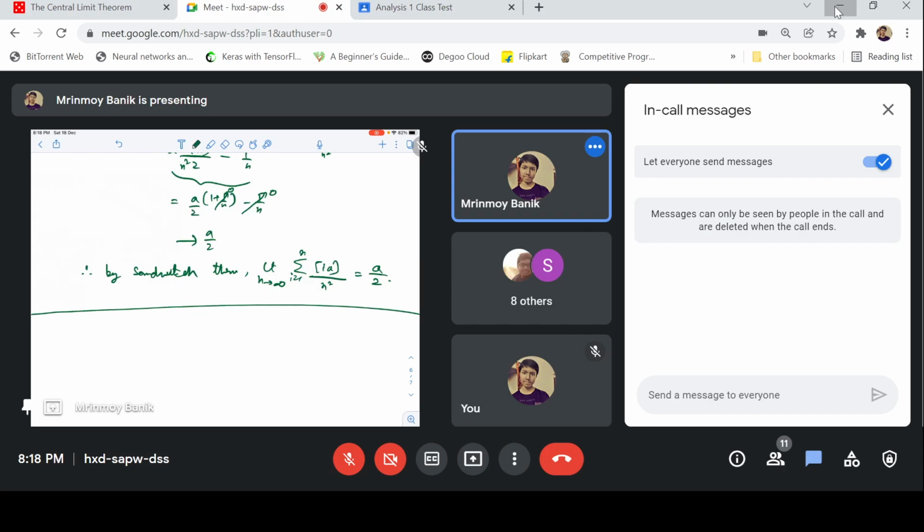You just need a delta for the corresponding epsilon, such that whenever y is close to A, f of y is also close to f of A.